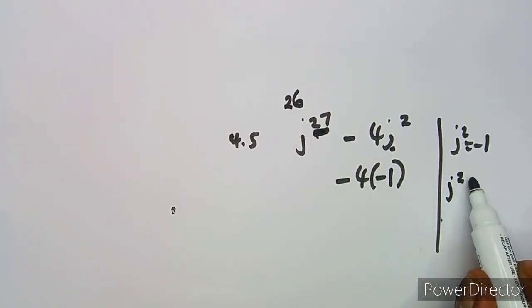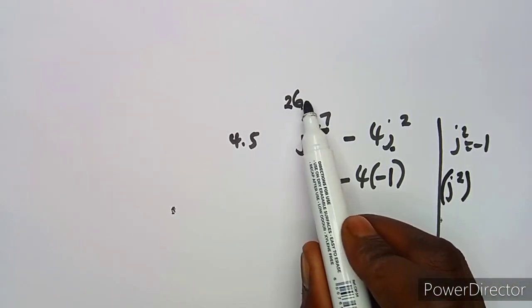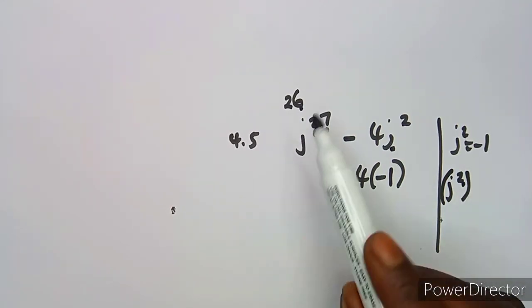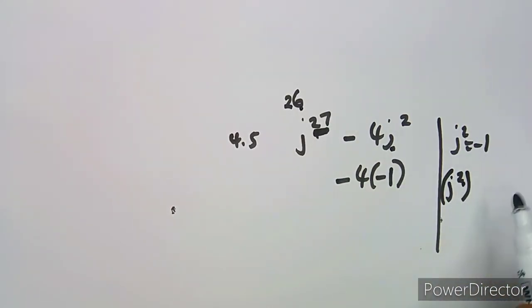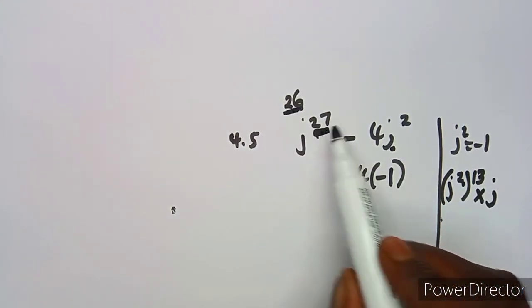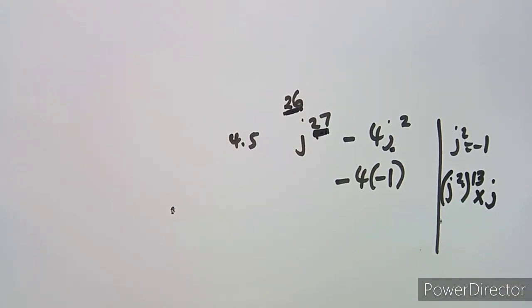So that means to obtain the exponent of 26 from j squared, I'm going to just divide this one, 26 divided by 2, which is 13. Whatever that I get, I multiply by j, because remember I am at 26, but I need j to the exponent of 27, so it's going to be times j like that.